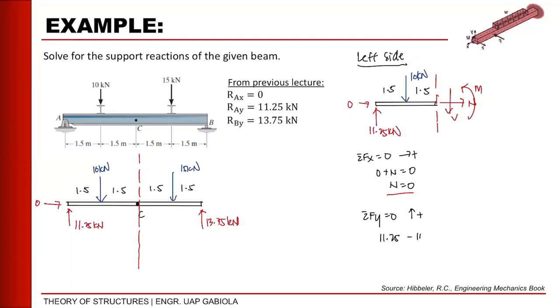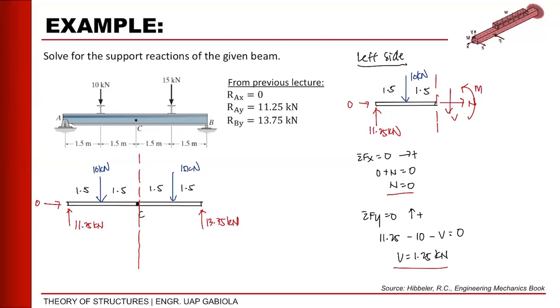Minus 10. Then minus V is equals to 0. Performing yung calculation, V is equals to 1.25 kilonewton. Okay? So, ibig sabihin ito yung value daw ng mismong internal shear natin na V. Okay? And then for moment, okay?